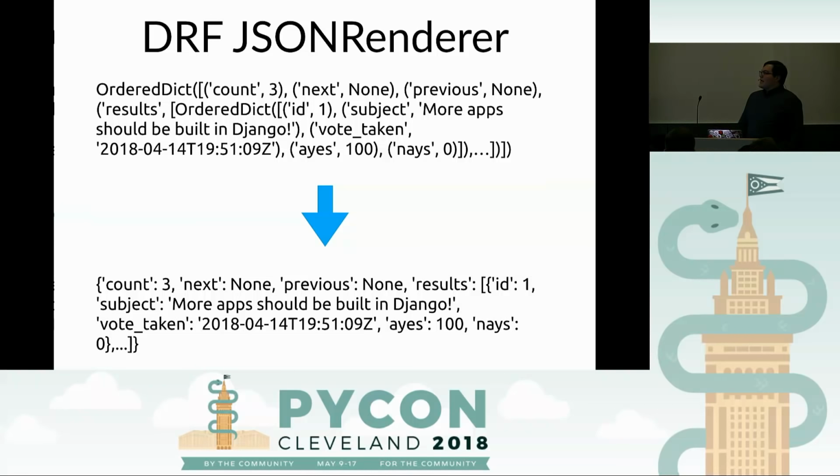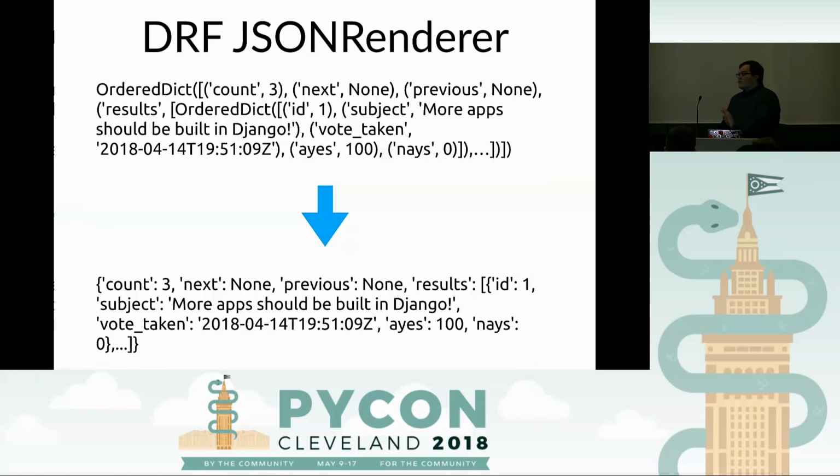A renderer takes a representation of the data which is in Python. In this case, this is actually taken from the request against the list endpoint. And what the Python view returns, quote unquote, when it's fetching the data, is this Python representation.